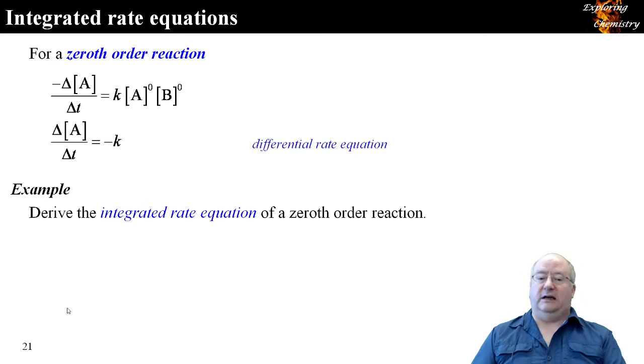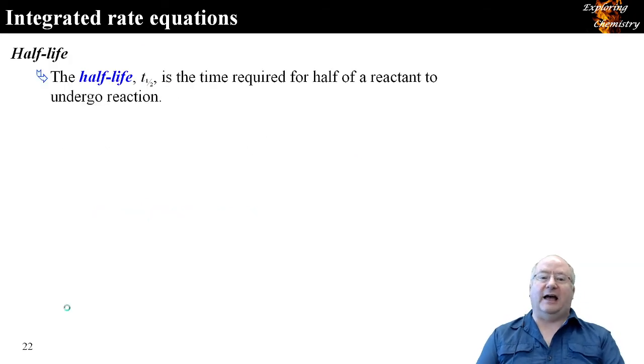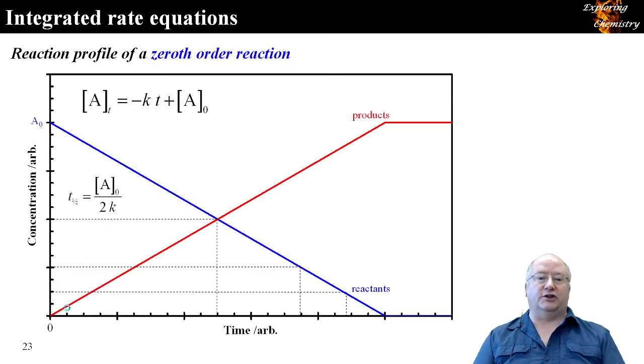We integrated that rate equation, and we calculated the half-life for a 0th order reaction. The integrated rate equation for a 0th order reaction is concentration as a function of time is minus kt plus the initial concentration. So it's linear in concentration.